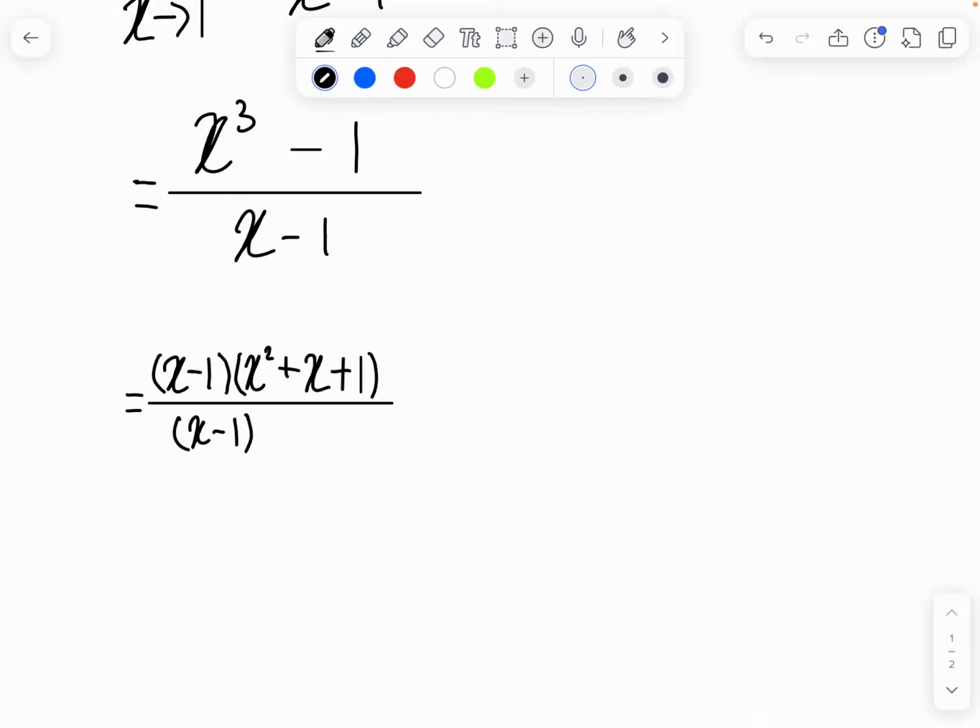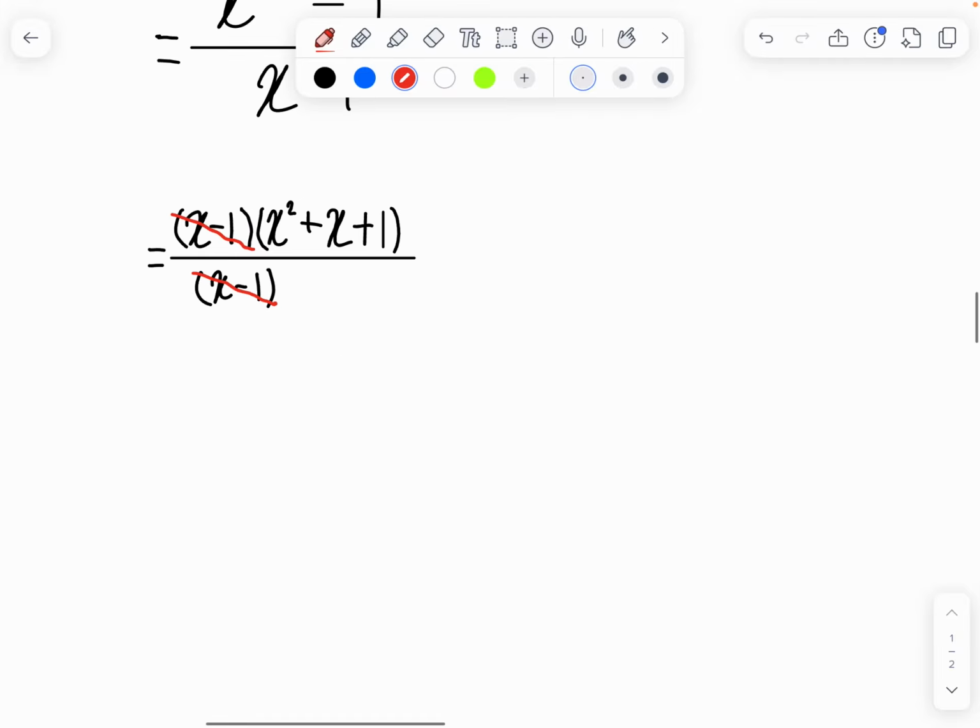So we factored that out. Now we can cancel these two terms out. So in the end, we'd get x squared plus x.